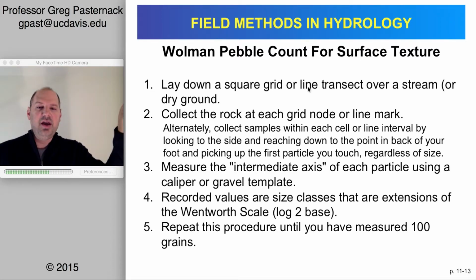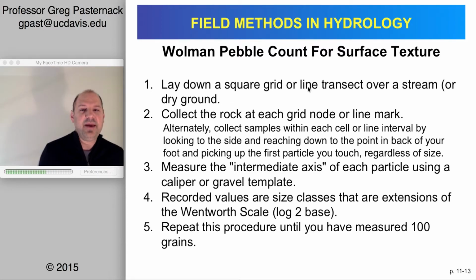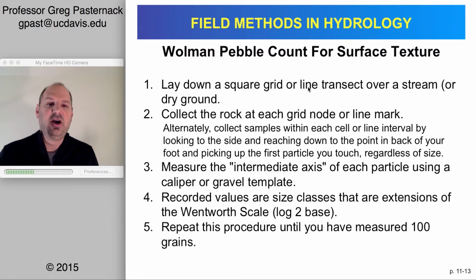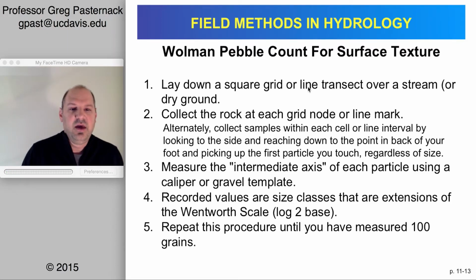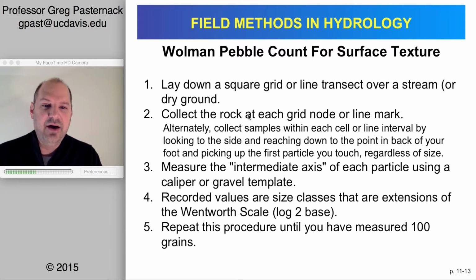Then you can run strings across that in 10 centimeter intervals, or you could make it even bigger than that, or you could just lay a tape down as a transect in the stream. There are many different ways to pick the individual grains, but by whatever method, collect individual rocks on the ground at each node or line mark.